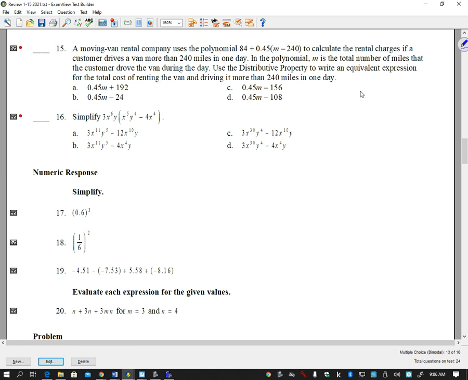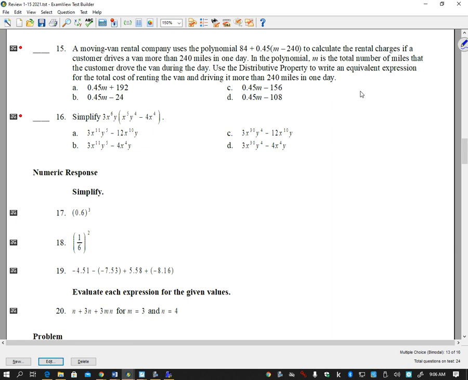If in the polynomial, M is the total number of miles that the customer drove the van during the day, we want to use the distributive property to write an equivalent expression for the total cost of renting a van and driving it more than 240 miles.